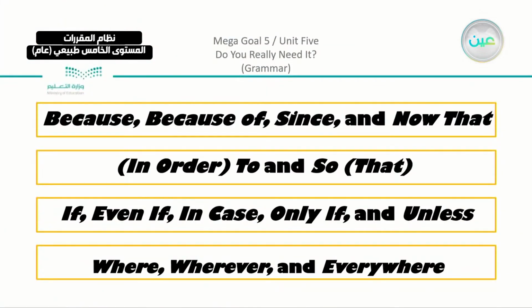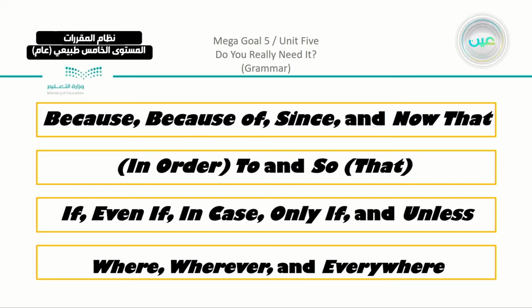Okay, now we have here our conjunctions. We said that conjunctions have to start the adverb clause. You can see that I have four groups. The first one has because, because of, since, now that.